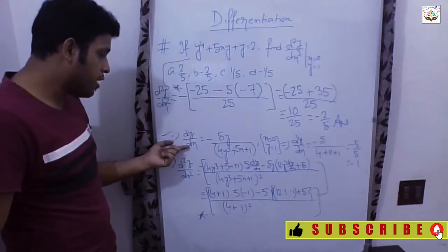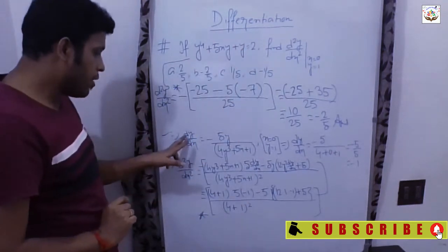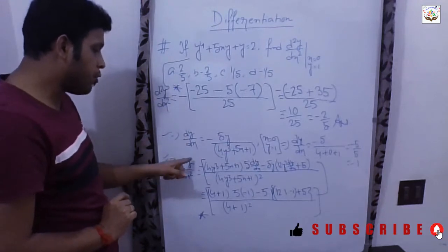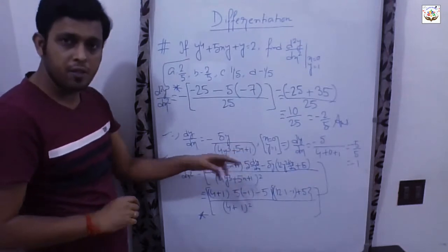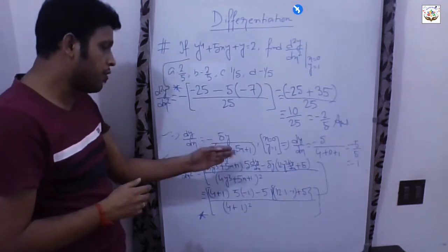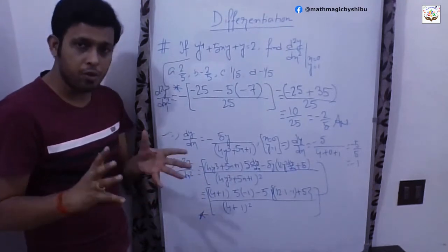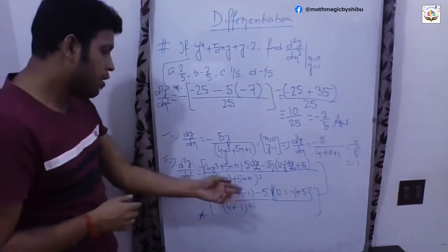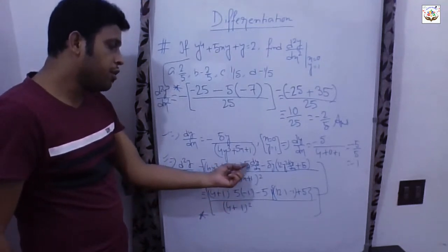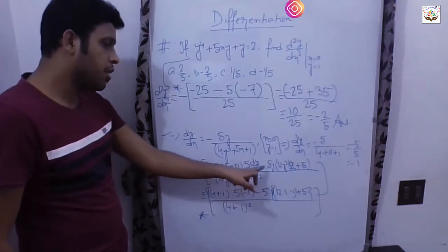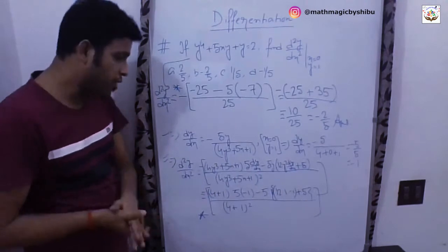From this dy dx, we need to differentiate again to get d2y by dx square. So we differentiated again with respect to x, and considered this function as a u by v function. Apply the formula of ddx of u by v, keeping the minus outside the bracket, so we will not get confused with the minus later. Similarly we have v square in the denominator, and in the numerator v into du dx minus u into dv dx, just as we do for ddx of u by v.